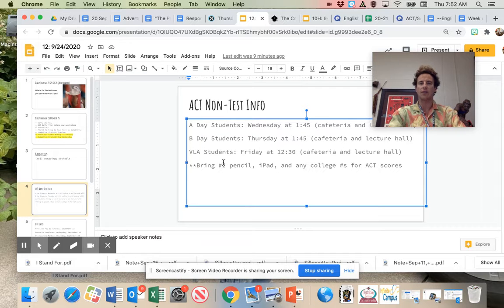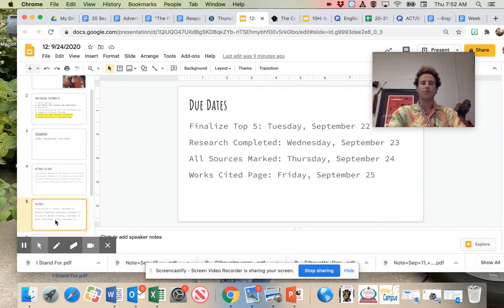I expect to see you there. For this non-test info, it's like bubbling numbers, your name, bring a number 2 pencil, your iPad, and any college numbers. The ACT puts out college numbers for colleges so that they can send out ACT scores. If you want your ACT scores sent out to a specific college or multiple, bring those numbers in.